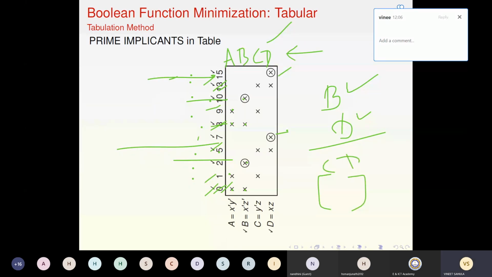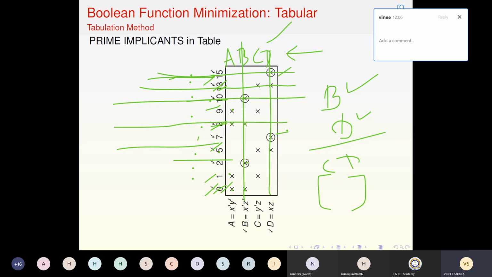Right? So if I choose B, I drop these crosses. If I choose D, I drop these terms. So I'm dropping the first row because D covers it. I drop the second row because D covers it. I am dropping the 10th row because B covers it. I'm dropping the 8th row because B is covering it, right?